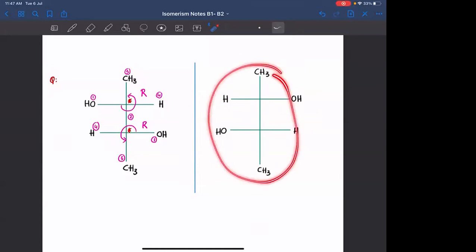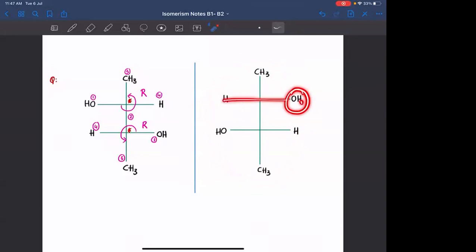So whenever you are rotating it by 180 degrees, मतलब ऐसा flip कर रहे हैं, the OH will no longer remain on the horizontal line, it will go to the vertical line. So again it will become non-superimposable only. आया समझ में? Please understand all of these things.